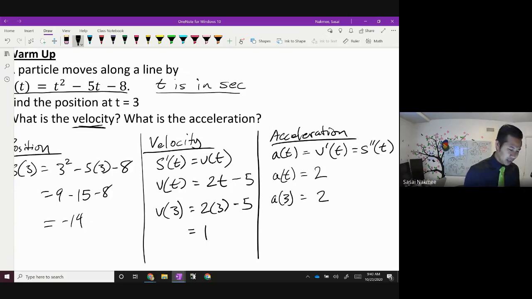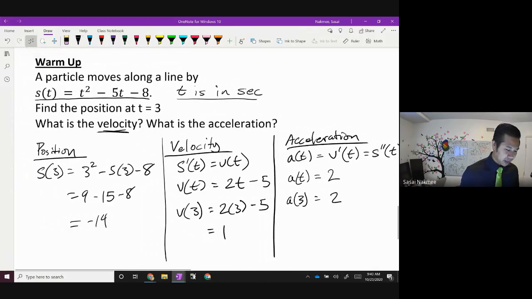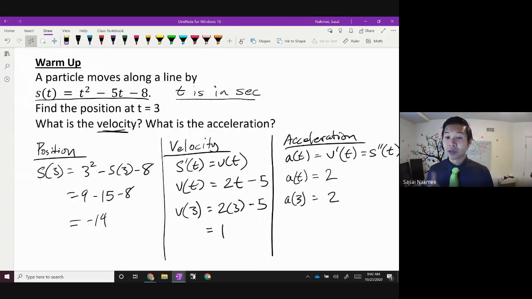Right? So that's the connection between all three of these guys, right? If you have a position function, the derivative of the position function is the velocity, and the derivative of the velocity function is acceleration. Right? So whatever relations you have, whatever functions you have that are relations of one thing to another, you can always take the derivative of it and find the rate at which it's changing at a specific time, right? And it doesn't just work for position.